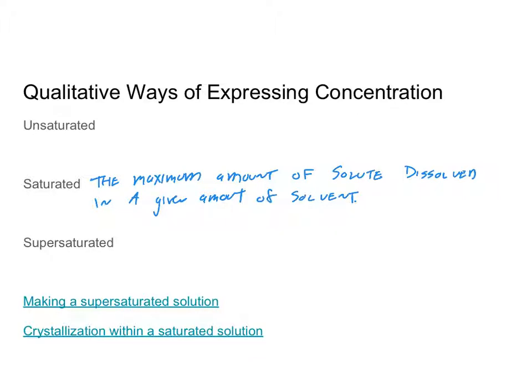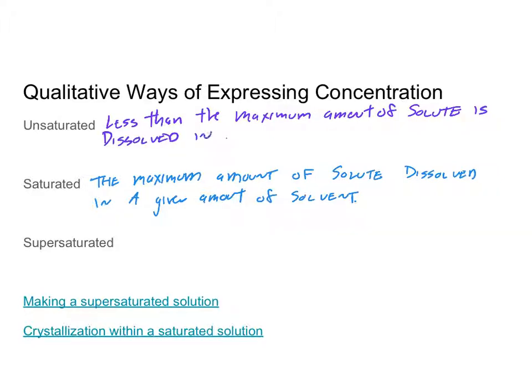If we say something is unsaturated, it means that less than the maximum amount of solute is dissolved in a given amount of solvent.